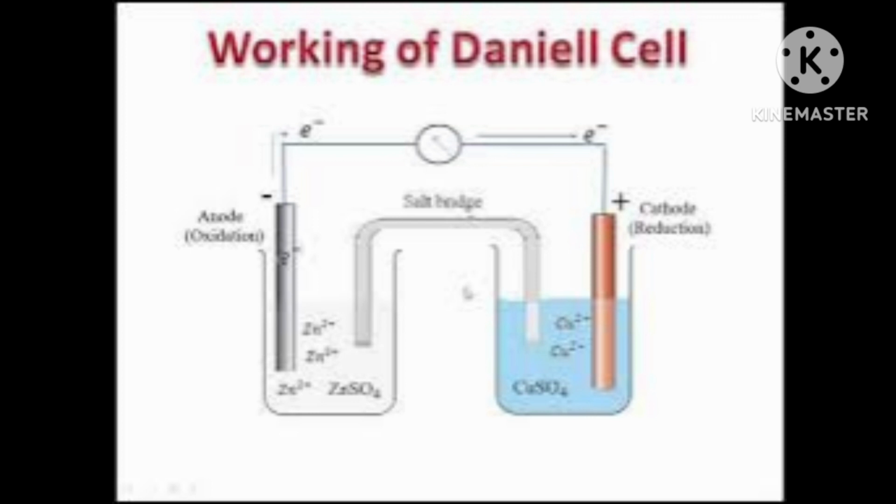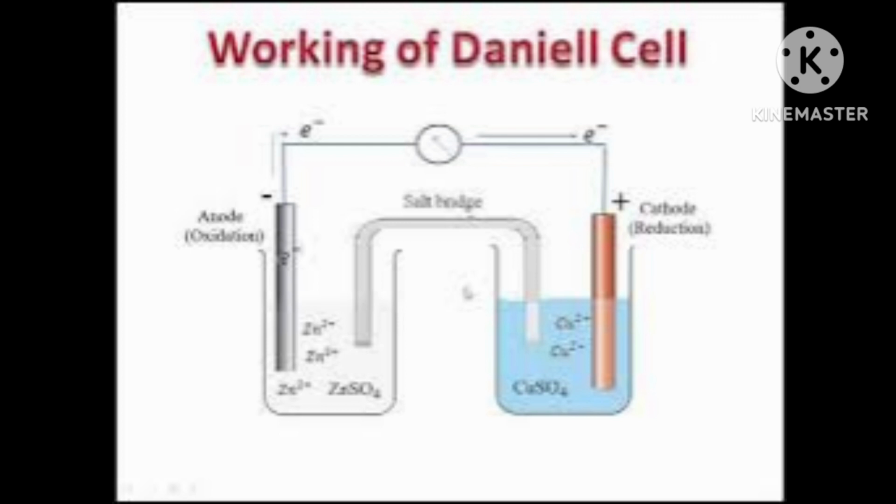Then Cu2+ will be on the surface of the copper rod. It is the same thing, now it is dissolved in the solution. The part of the copper which is under the solution, on that surface copper ions will be there, Cu2+, from the copper sulfate.